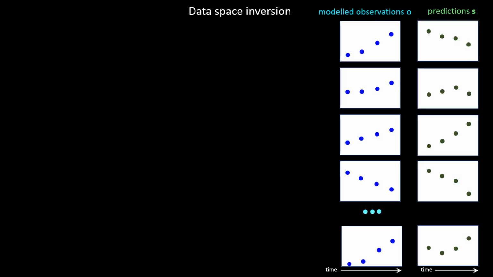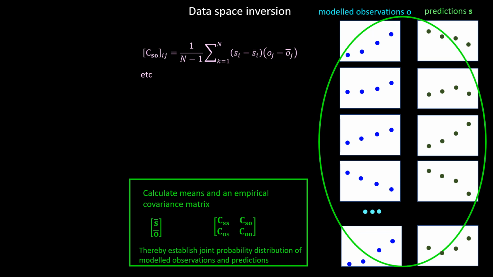And then, using standard statistical formulas we learnt back at school, we can build an empirical covariance matrix that links the measured past to the modeled future based on 500 runs of the complex model, the only complex model runs that we will have to do.